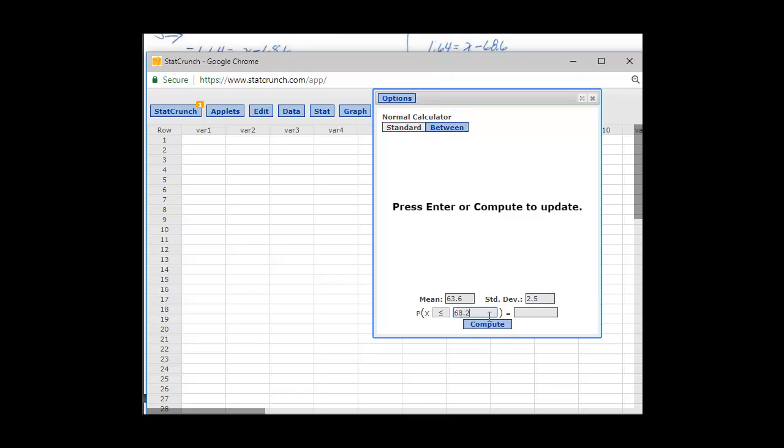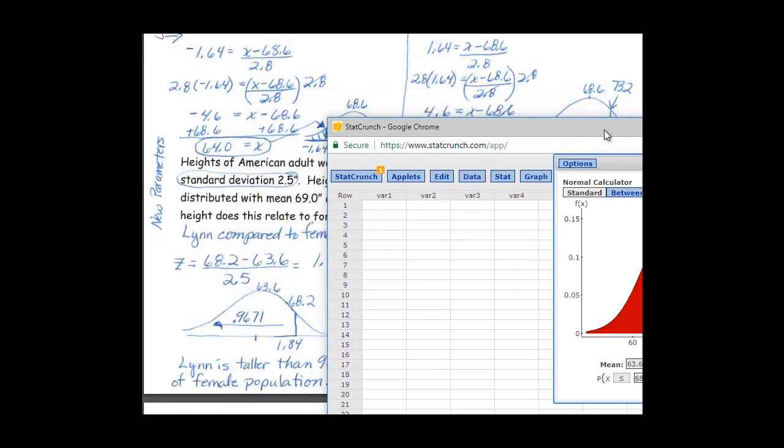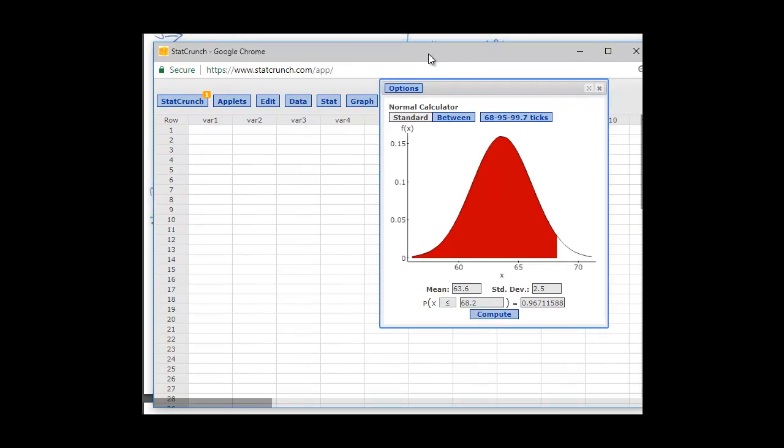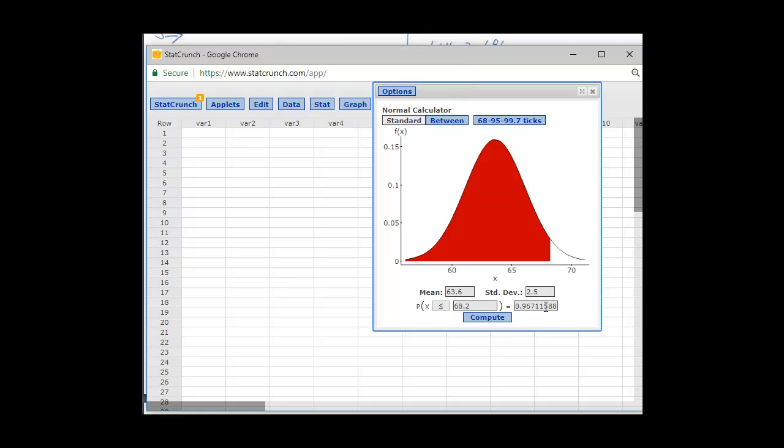So I calculate this, and we can see that Lynn's height equates to a probability of 0.9671. You can see that I put that in our problem, simply because StatCrunch isn't going to give us the z-score. So really we need to think backwards: we need to put in the parameters for the male population and try to find the value that equates to the same probability of 0.9671.